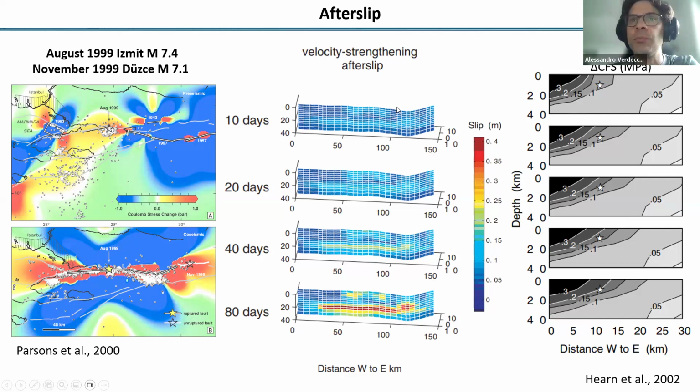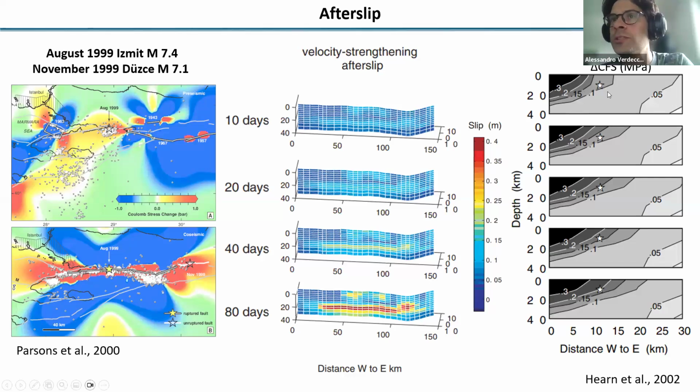You can see here the slip models estimated by inverting GPS data. Aseismic slip 10 days, 20 days, 40 days, and 80 days after the Izmit earthquake. And you can see that up to 0.4 meters of slip were modeled for 80 days after the earthquake, which is not a small amount. And this is the result of their model. The star here is the location of the subsequent earthquake, the Düzce earthquake.